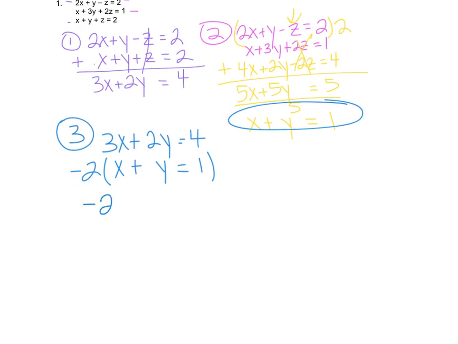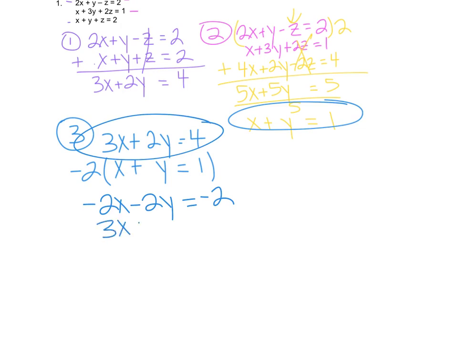So that would be -2x minus 2y equals -2. And then I'm bringing down that top equation. So I'm going to add them together. -2x plus 3x is just x. The y's cancel, and that equals 2. So we found x.